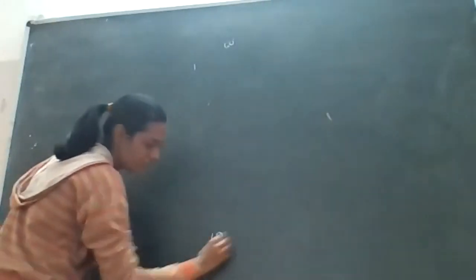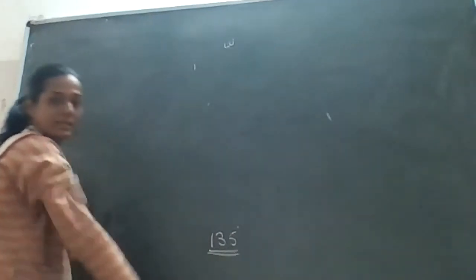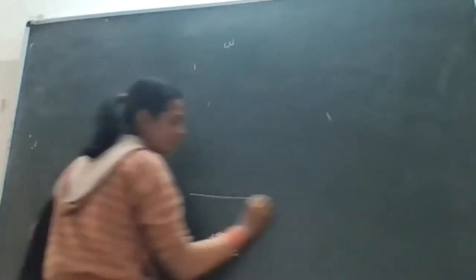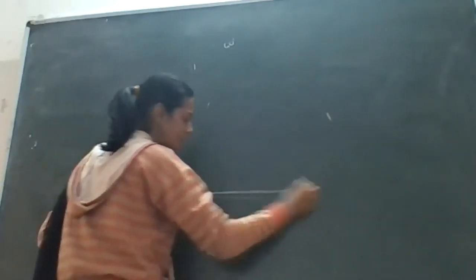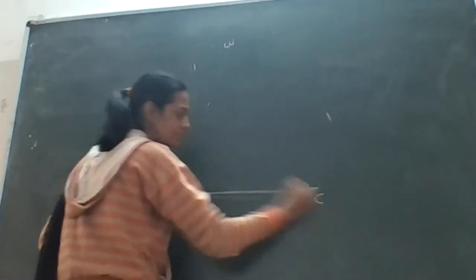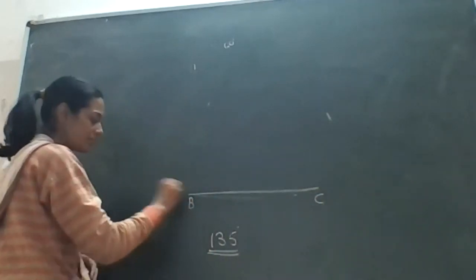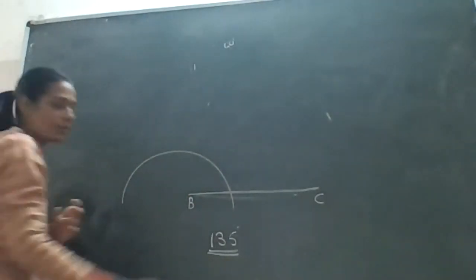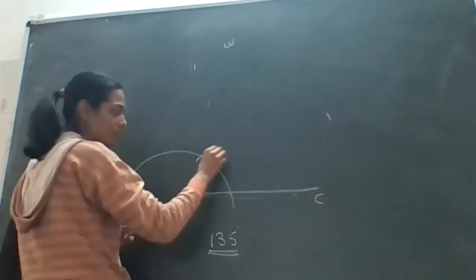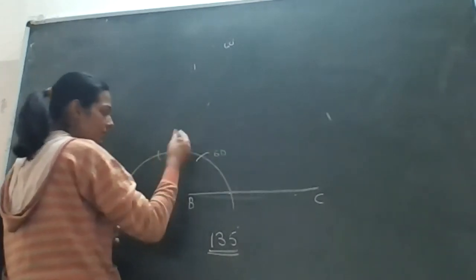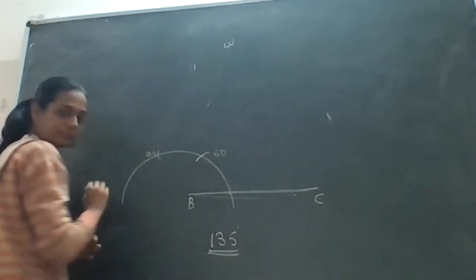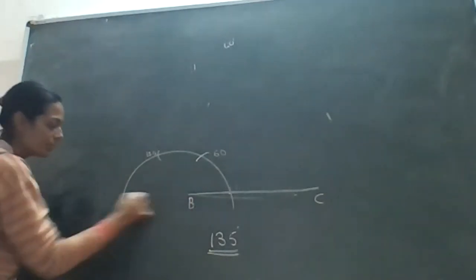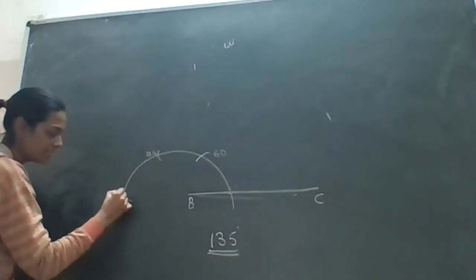So now look, we have to draw 135 degree. What we are going to do first is draw this line segment that will become the BC. From this you are going to draw this half circle. From here, this becomes your 60, this becomes your 120, and if you go on, it will become your 180.